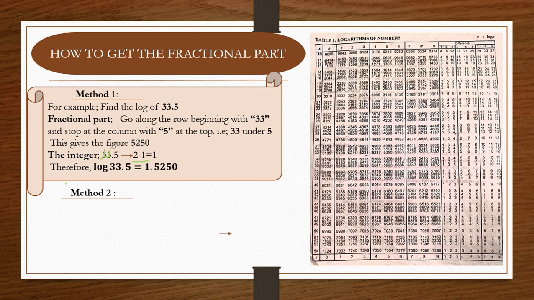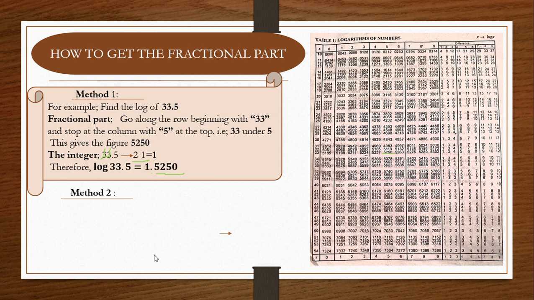Now we use that integer 1, then the decimal point, then our fractional part. Remember how we got the fractional part? 33 under 5, and that's 5250. Let's not forget it.